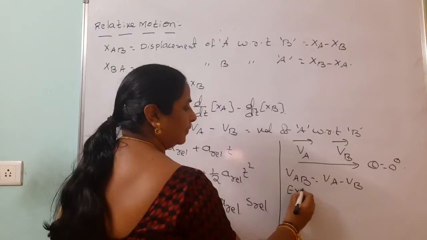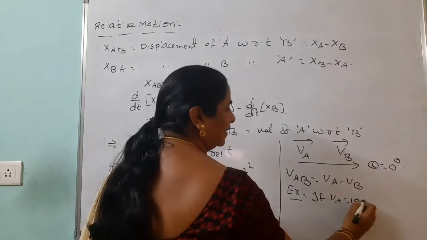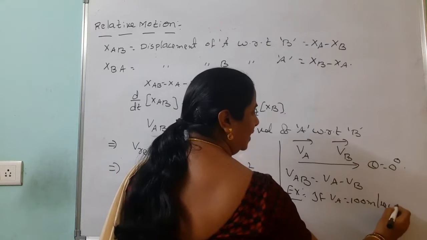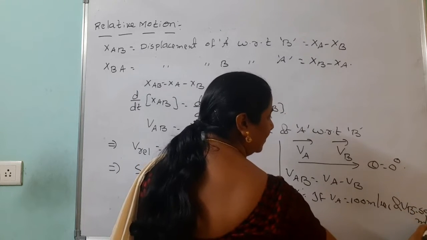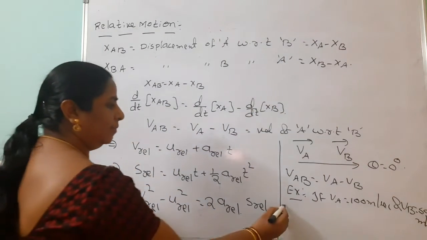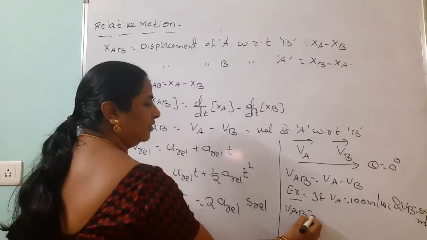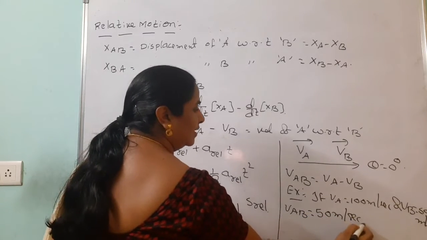Example: if VA equals 100 meters per second and VB equals 50 meters per second, how to find the relative velocity? VAB equals 100 minus 50, which is 50 meters per second.